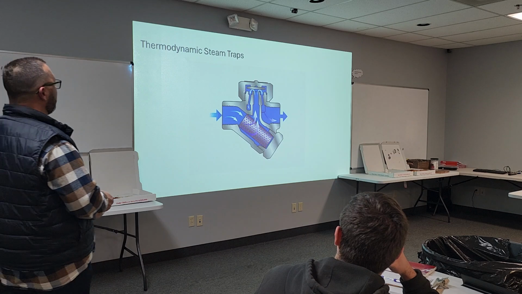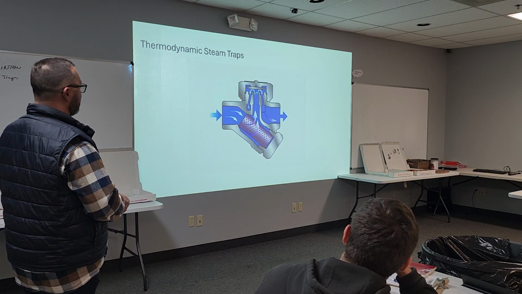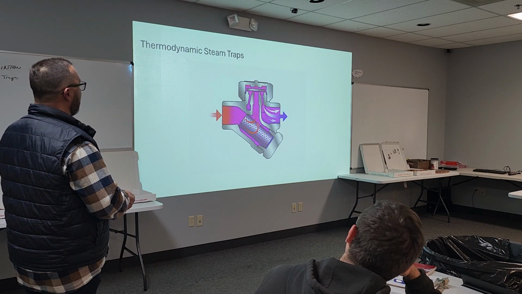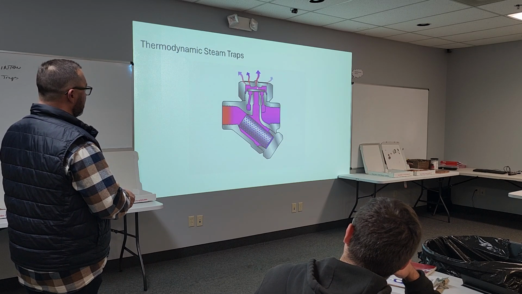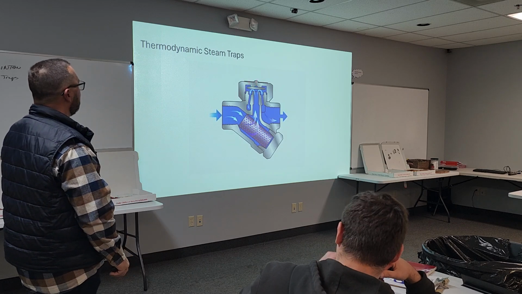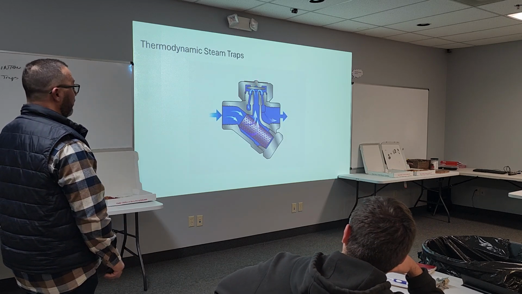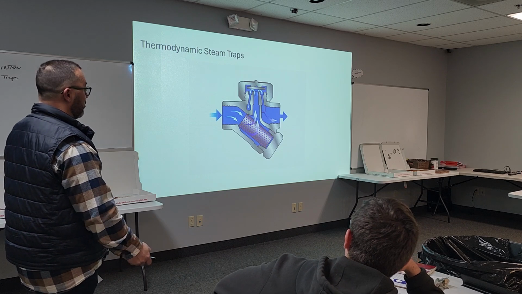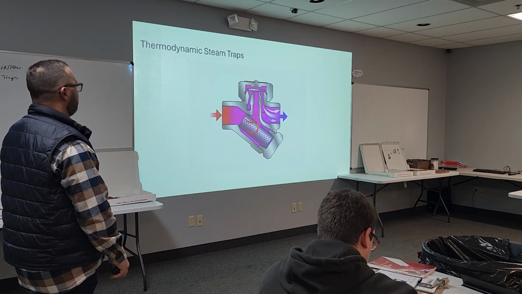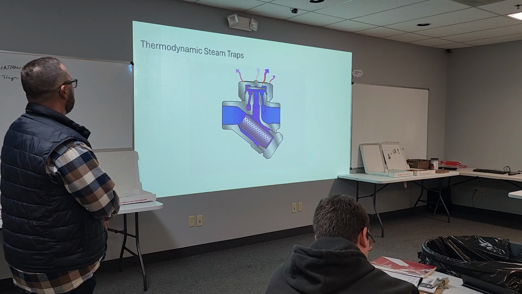And again, what's keeping it up is when it doesn't have live steam. As soon as it sees live steam, it's getting on top of that and holding that head down onto the seat. These traps are awesome, 30 psi and above, all the way up to 600 psi for the bar stock version. Great for tracing. My first choice for drip traps.